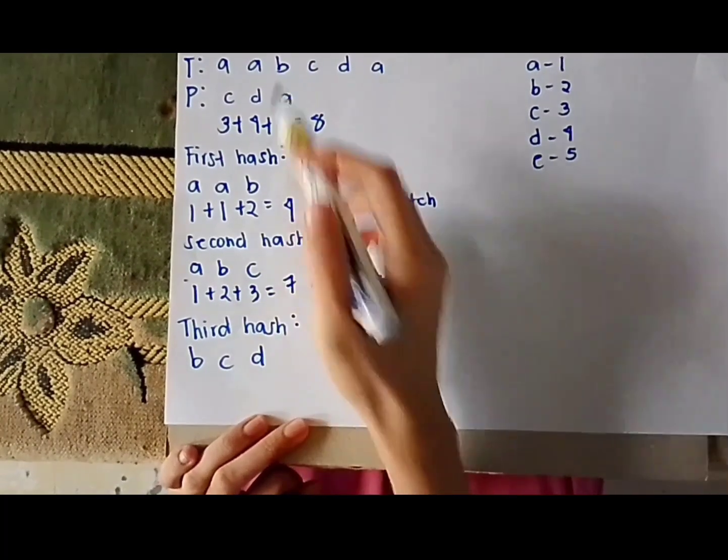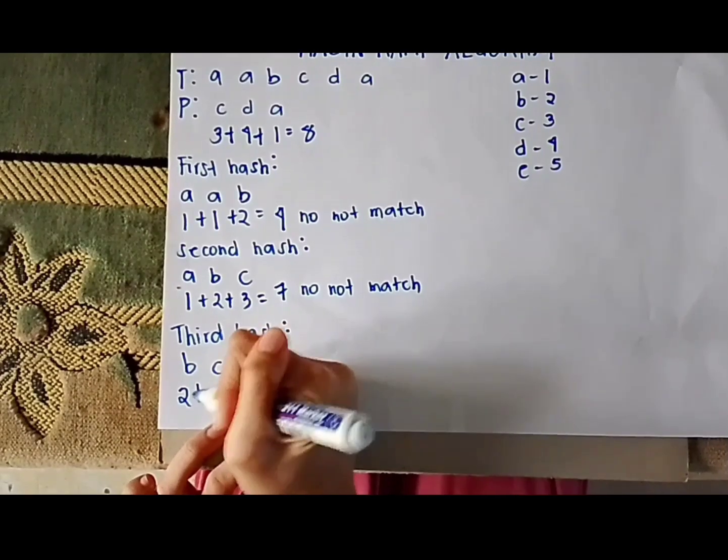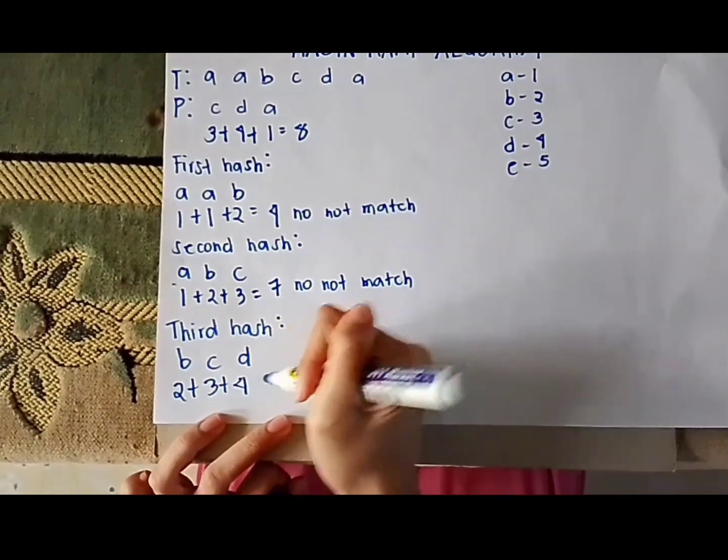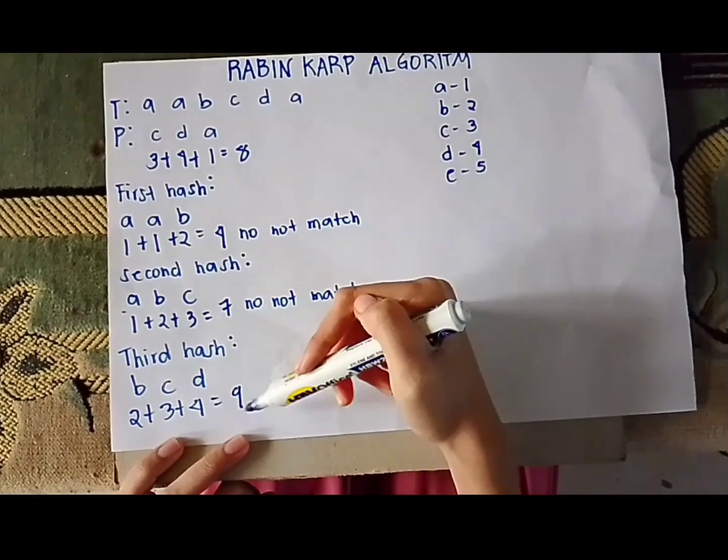B, C, D. Let's put the numeric values 2, 3, and 4. The result is 9. Let's compare again.